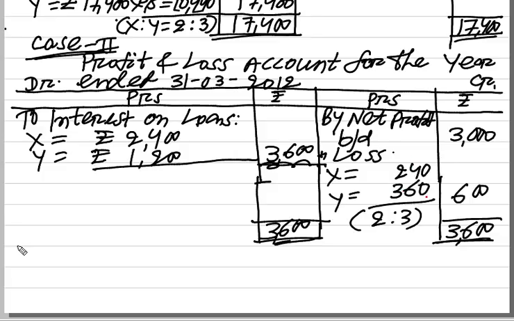And in case 3, if the profit before any interest for the year amounted to 5000. This is case 3. Case 1, 2, 3.